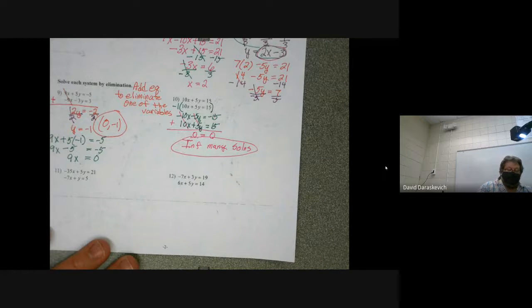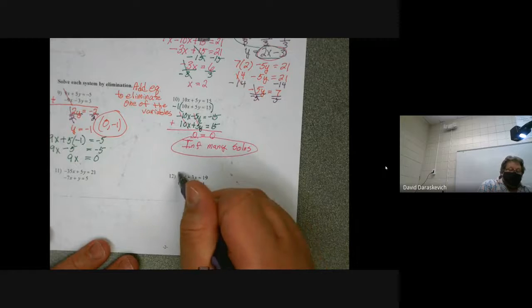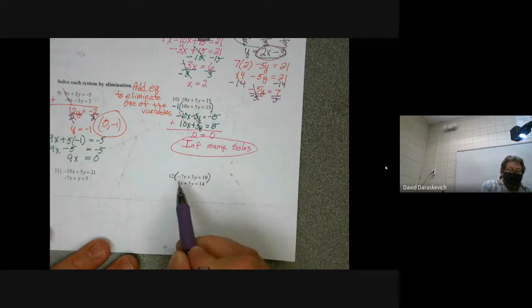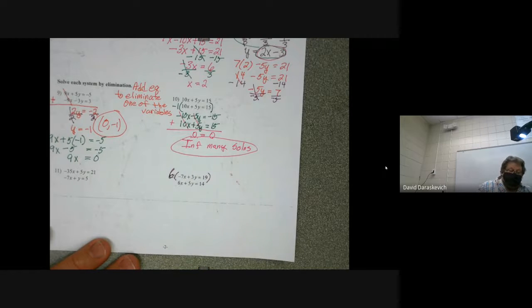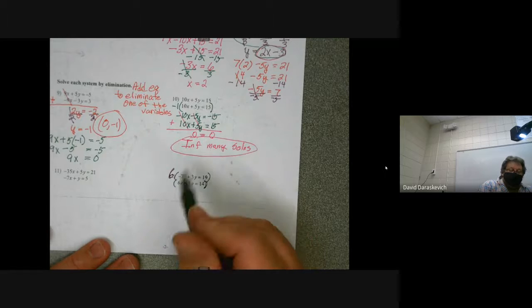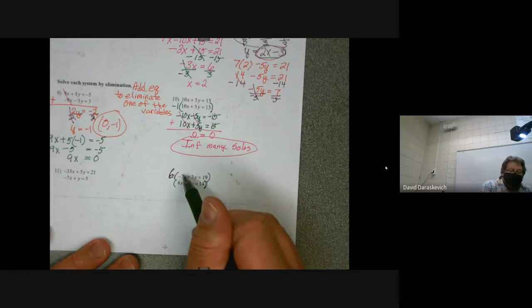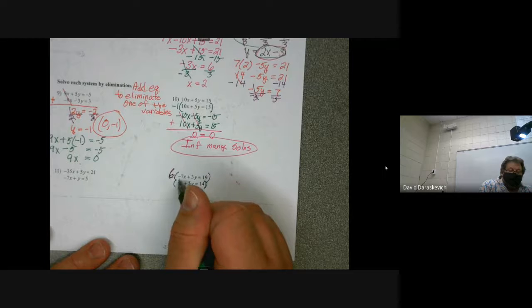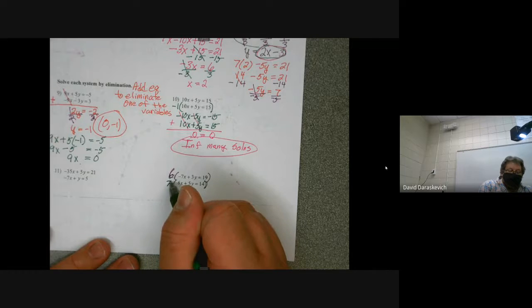This is what I'm going to do. The top equation, I'm going to multiply by the coefficient for the x, which is 6. The bottom equation, because I'm trying to eliminate the x's, I'm not going to change the sign because I want one positive, one negative, so I'm just going to use positive 7.